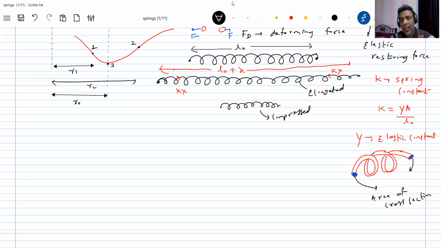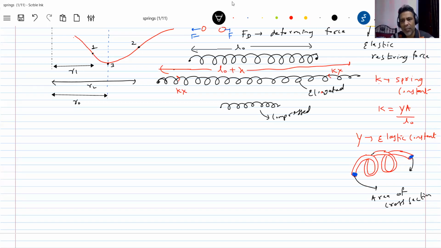See, what is the area? Not this radius. We are not talking about this one. Area of cross section of the wire. That is A. So definitely that area of cross section will be constant. What is L naught? L naught is the length of the spring, not the length of the wire used to make the spring. Are you getting it? Look at the diagram.